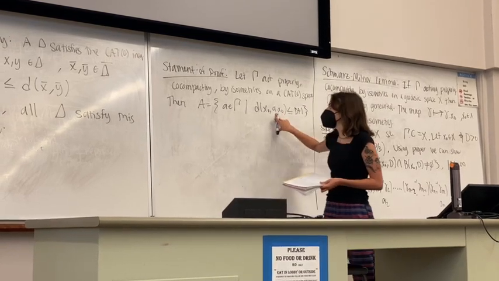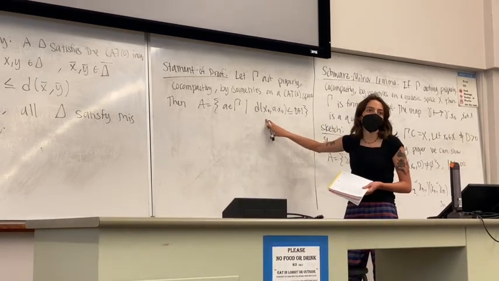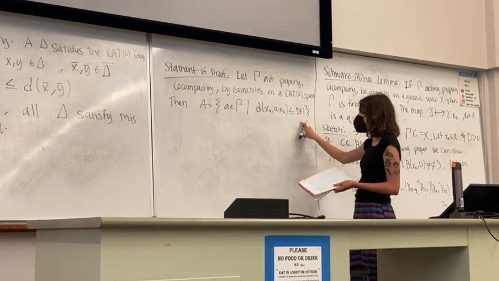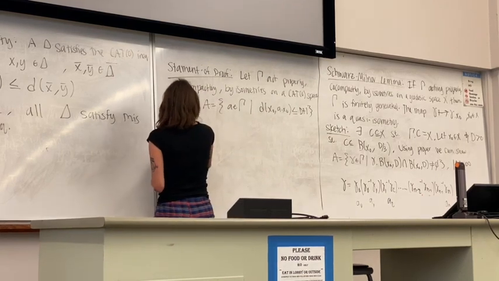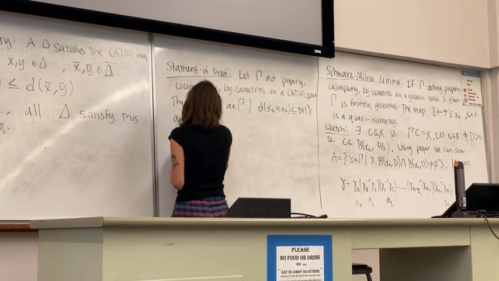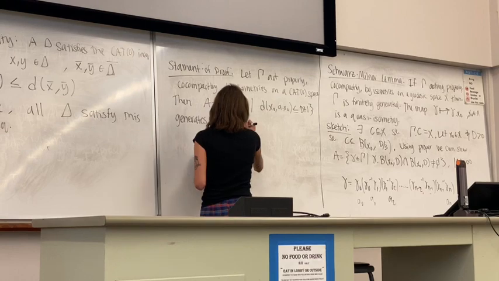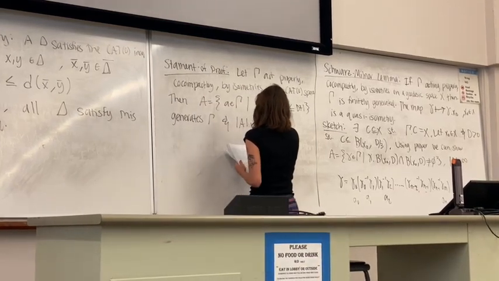So each element of gamma which, when applied to x naught, takes it less than or equal to d plus 1 away. We can show that this set A generates gamma and that A is finite.